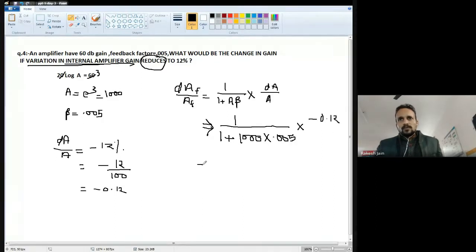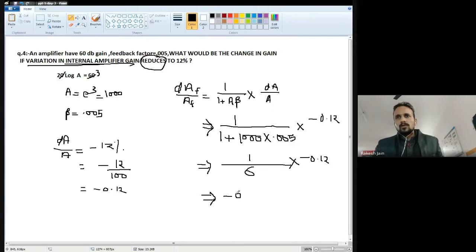Okay. So find out the answer. 1 divided by 6 multiplied by minus 0.12. So it will be minus 0.02. So the overall gain variation will be minus 0.02.